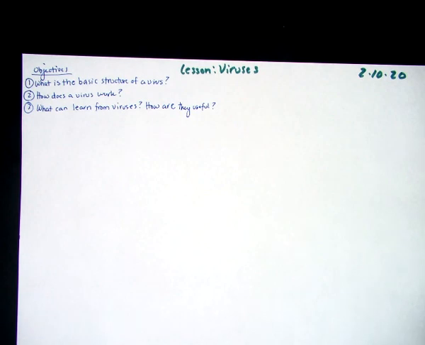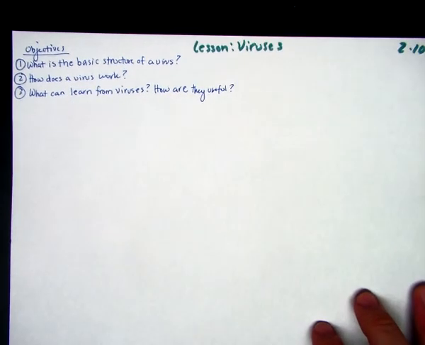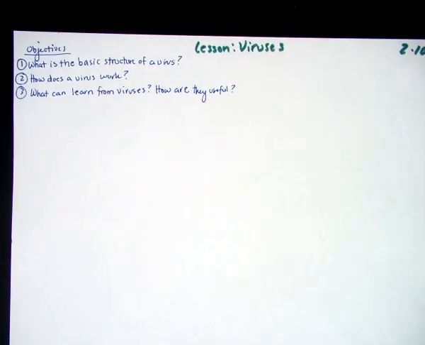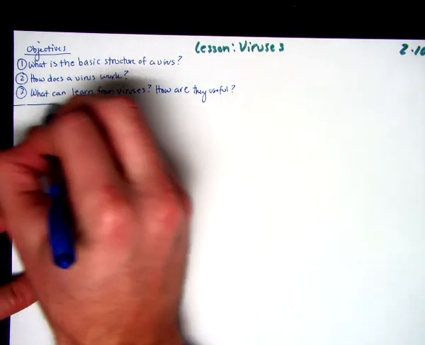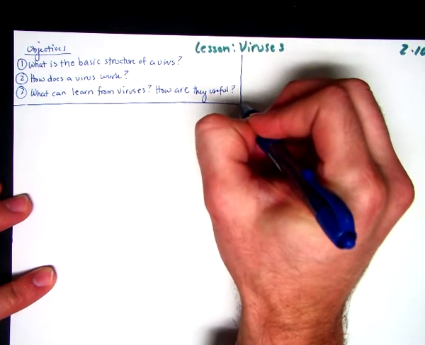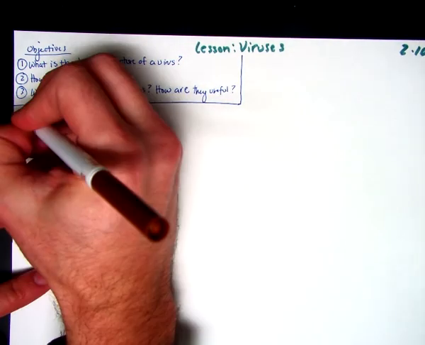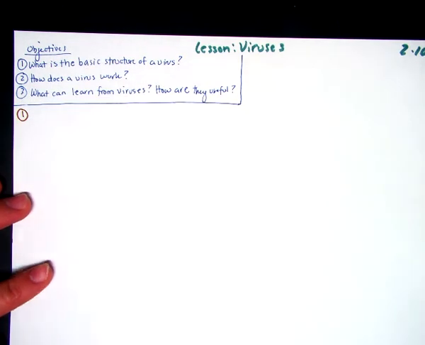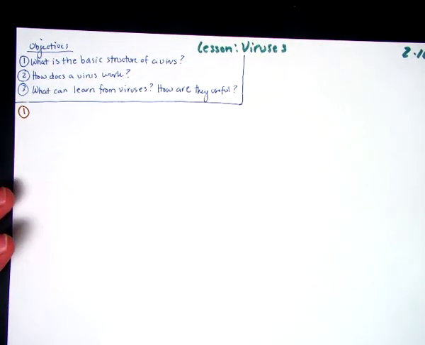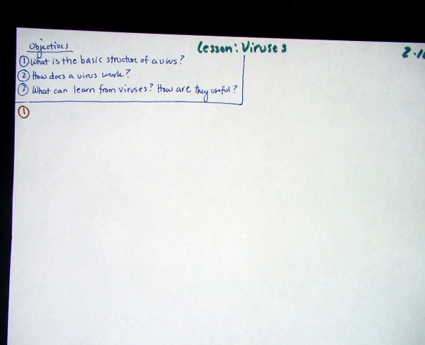So when we talk about viruses, the basic structure is that there are 2 things that all viruses have, and then there's a third thing that some viruses have.